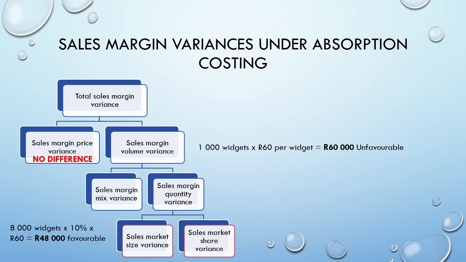Finally, for the market share variance, we take the change in our market share of 1.6667%, multiply it by the actual market size of 108,000 widgets, and multiply it by the profit margin of 60 Rand to get an unfavorable variance of 108,000 Rand.